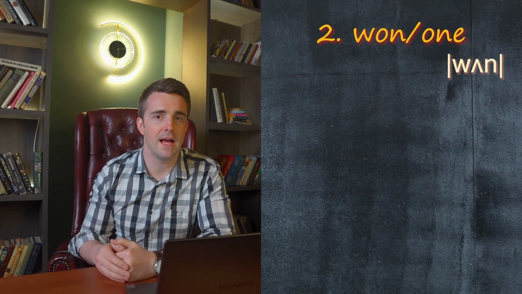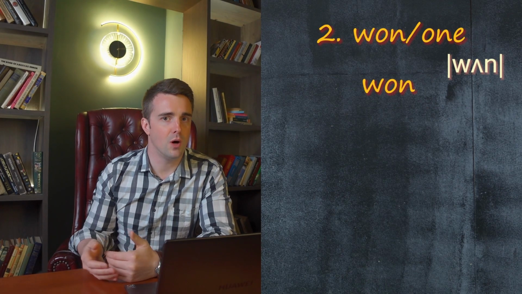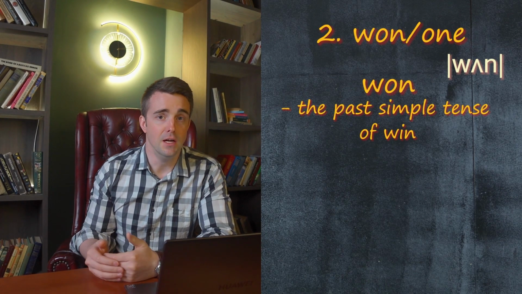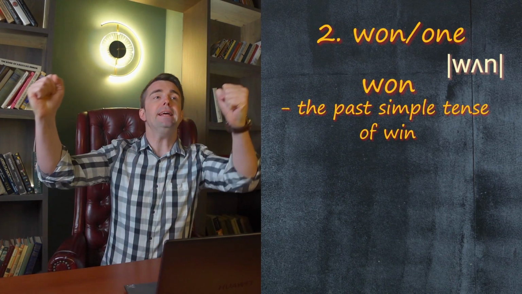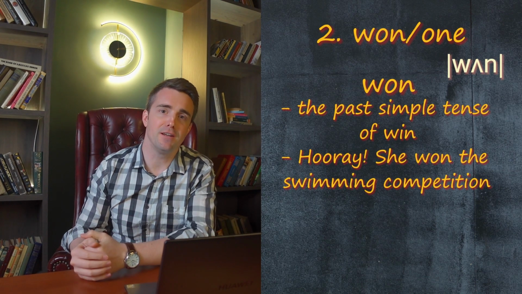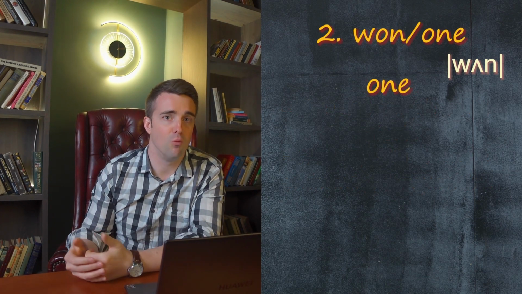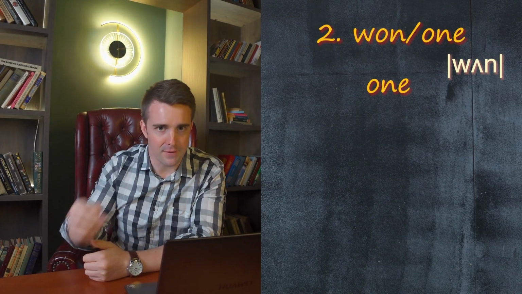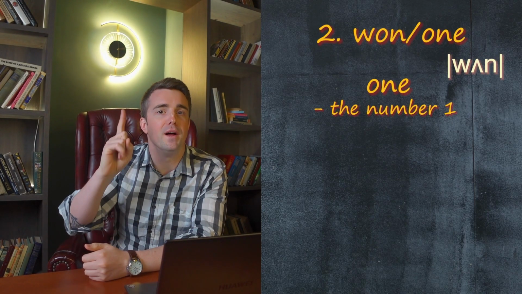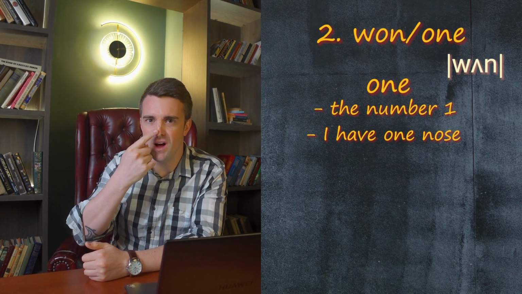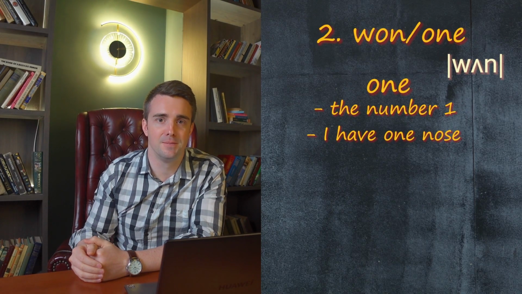Then we have one and won. Won is the past simple tense of win. For example, hooray! She won the swimming competition. And one, but pronounced one, is the number 1. So for example, I have 1 nose, thankfully.